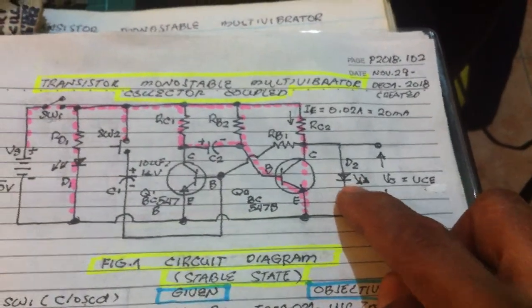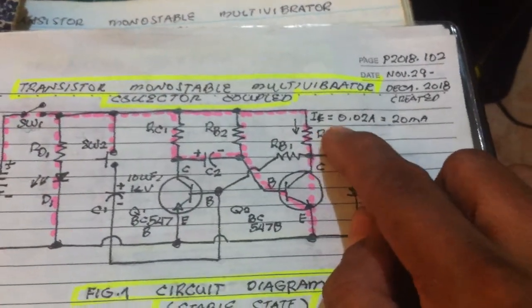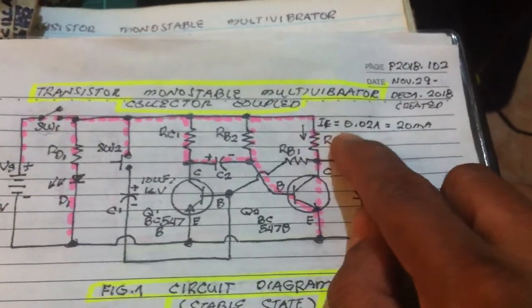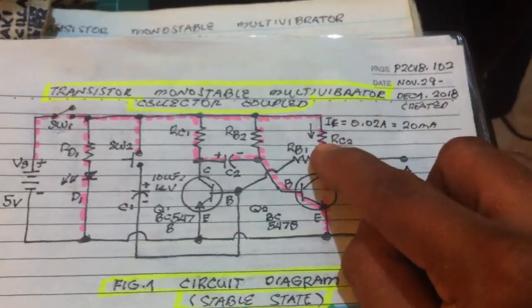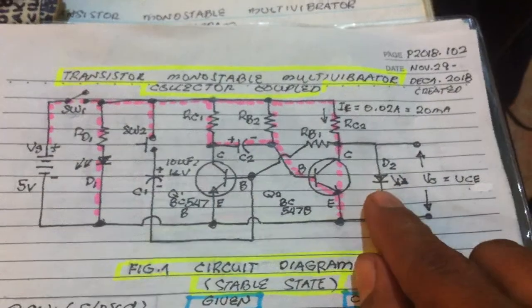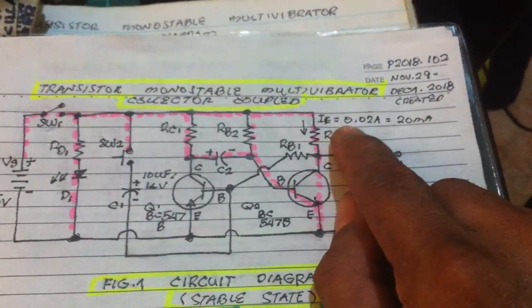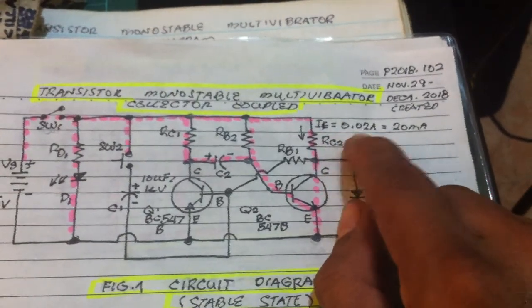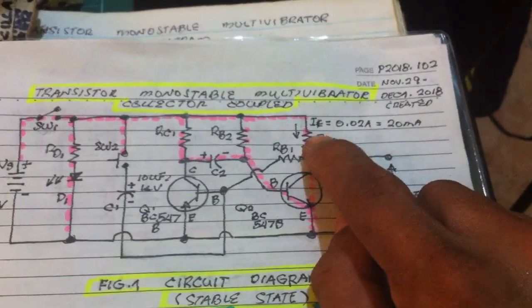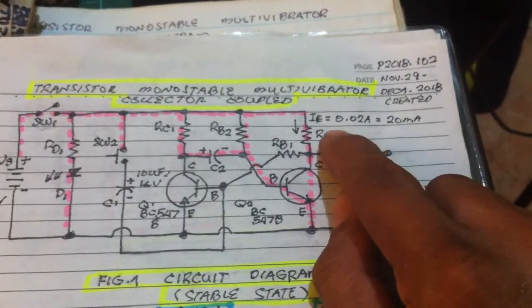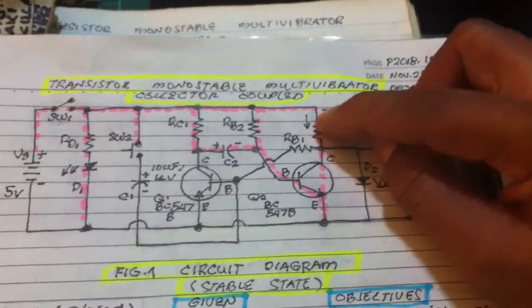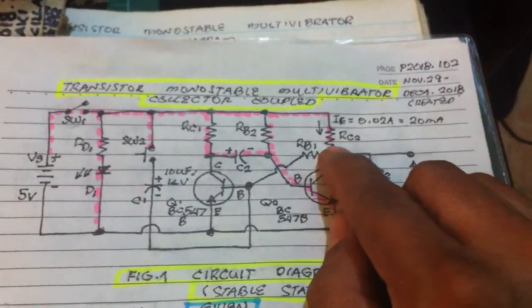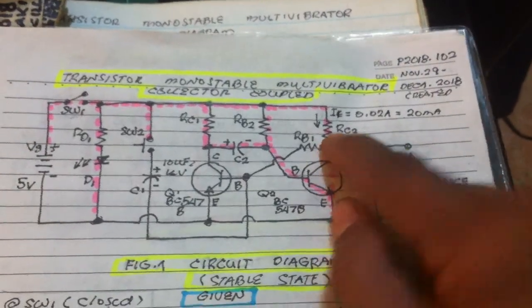To turn on this LED, I choose the value 0.02 ampere. So these are arbitrary values needed to turn on the LED. IC here, IL here is not given. This load current, I choose in our design. This is 20 milliampere. And the resistor here, we don't know the value.